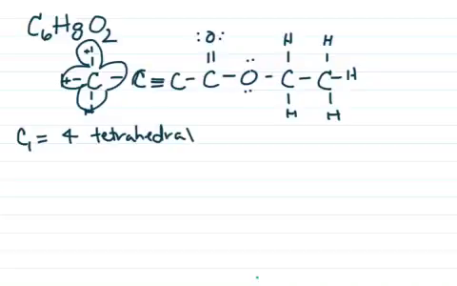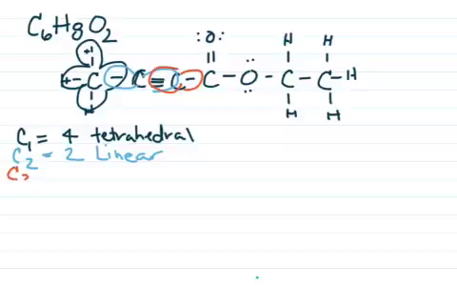Next, I'm going to look at this carbon right here, and it has 1, 2 things around it. So this C2 has 2 things, so it's linear. Looking at this one right here, I count 1, 2. So C3 also has 2 things around it, so it's linear.